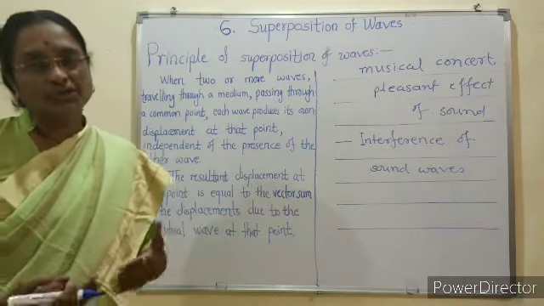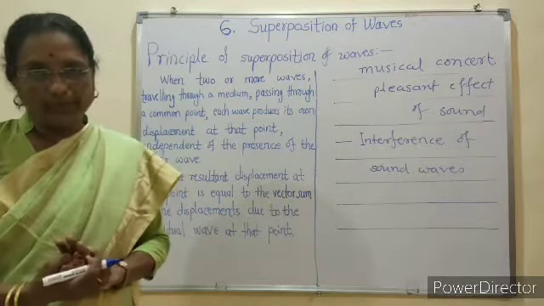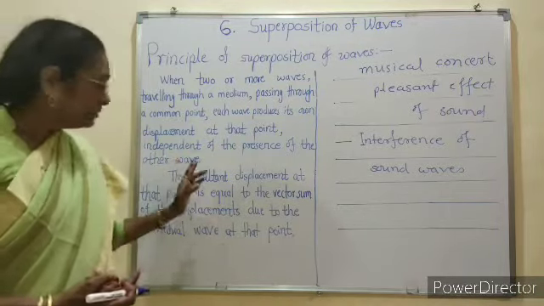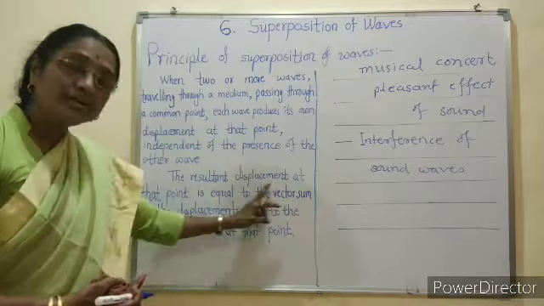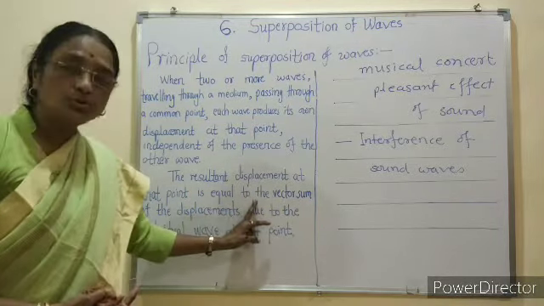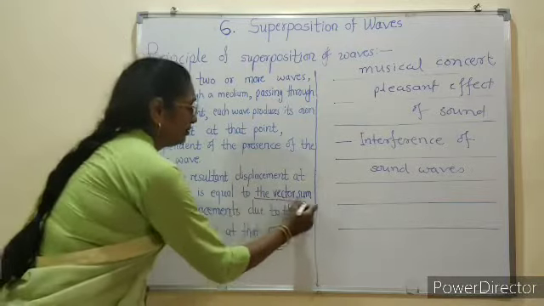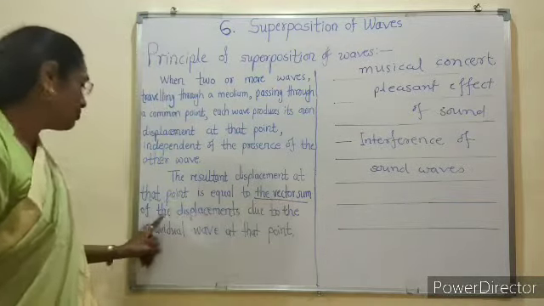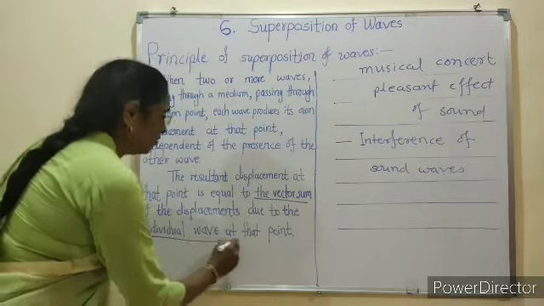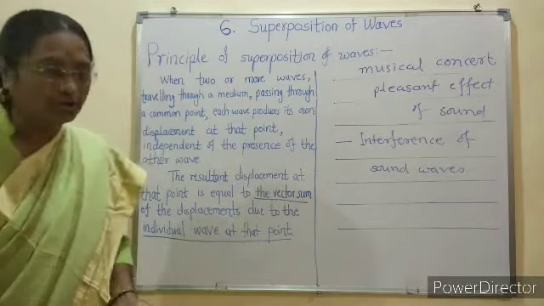So each wave produces its own quality of wave, and the resultant displacement at that point is equal to the vector sum of displacements due to the individual waves at that point.